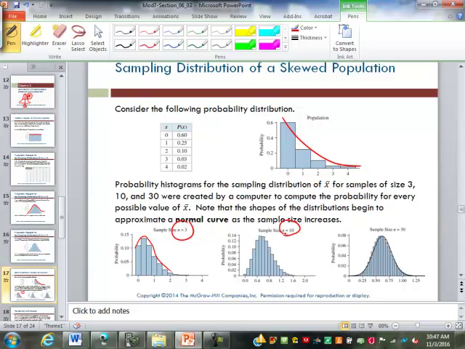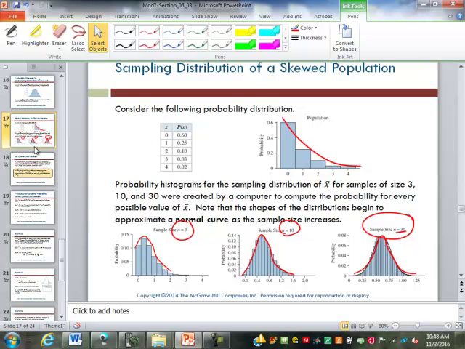If you take sample sizes of 10, it's just a little bit skewed. It's almost disappeared. With a sample size of 30, it's nearly perfectly normally distributed. So as we said, even if the population is not normally distributed, if we get a sample size of at least 30, the distribution of the sample means should still be approximately normally distributed.